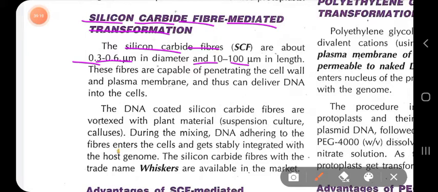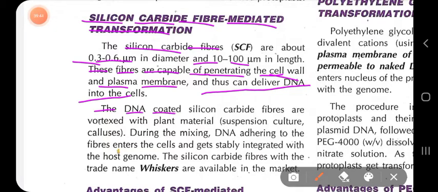So they are small fibers, and they are capable of penetrating the cell wall. So there is no need of making protoplast. Directly these silicon carbide fibers can penetrate the cell wall and also the plasma membrane, and thus deliver the DNA into the cells.